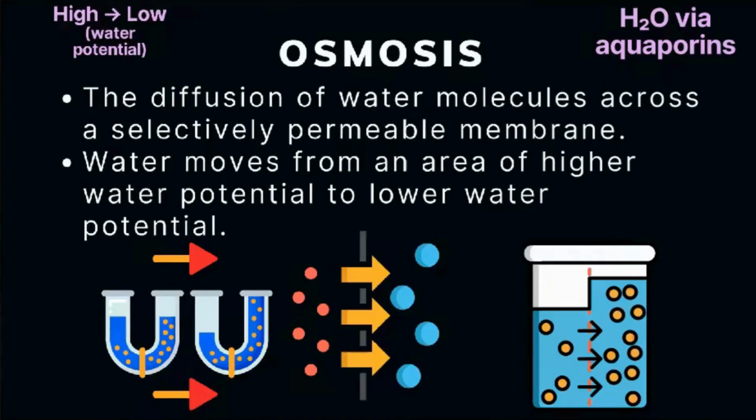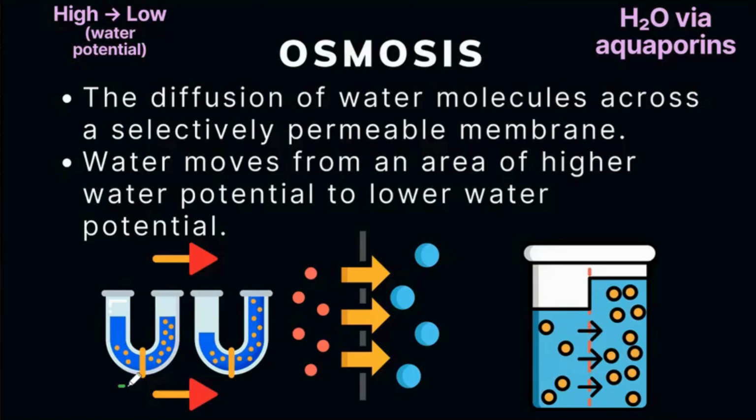So I want to keep that in memory because we're going to basically equalize the concentration of the solute. So when I'm talking about water potential high to low, you want to think we're talking about the water and not the solute. So let me break this down even further.